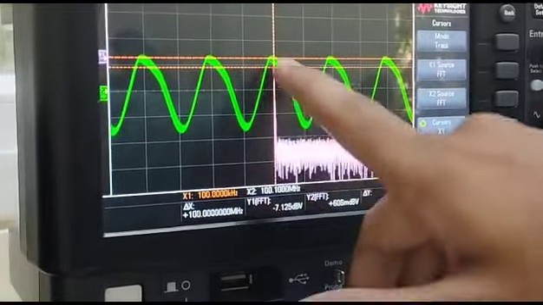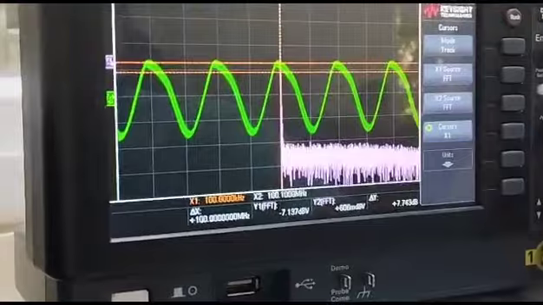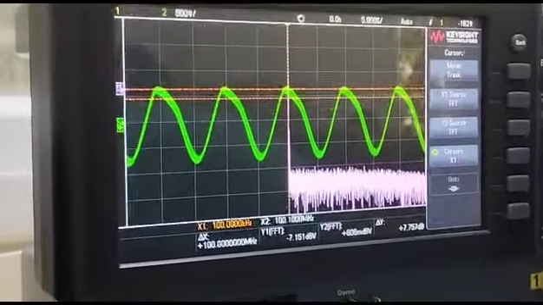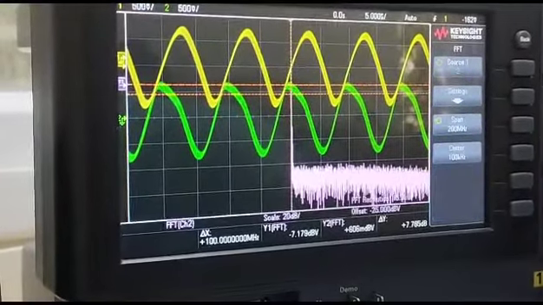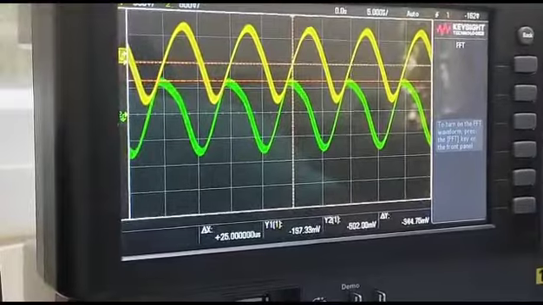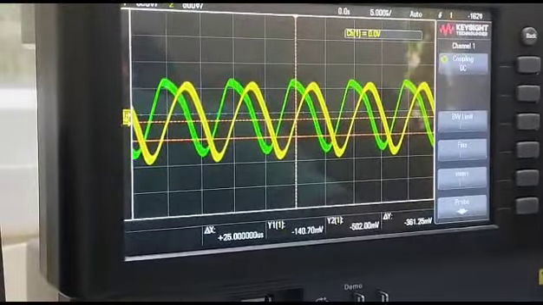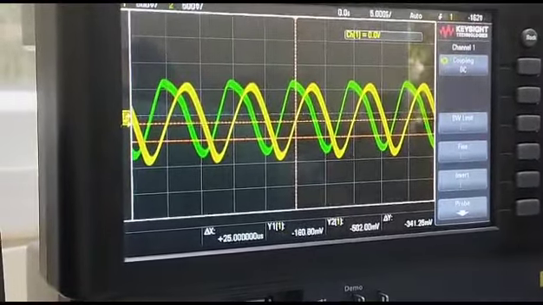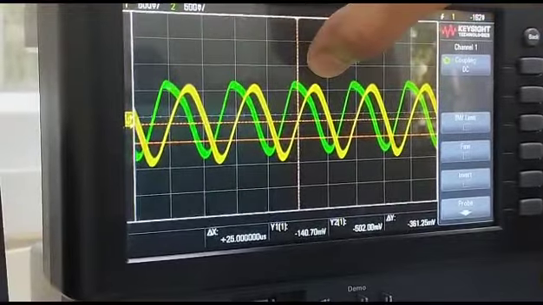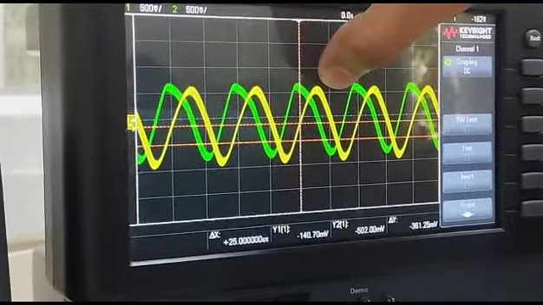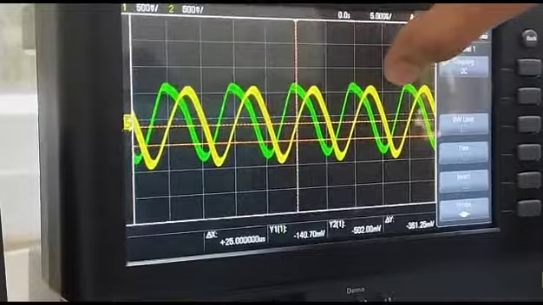At 100 kHz we have a peak. Phase difference of 90 between these two output signals of the oscillator.